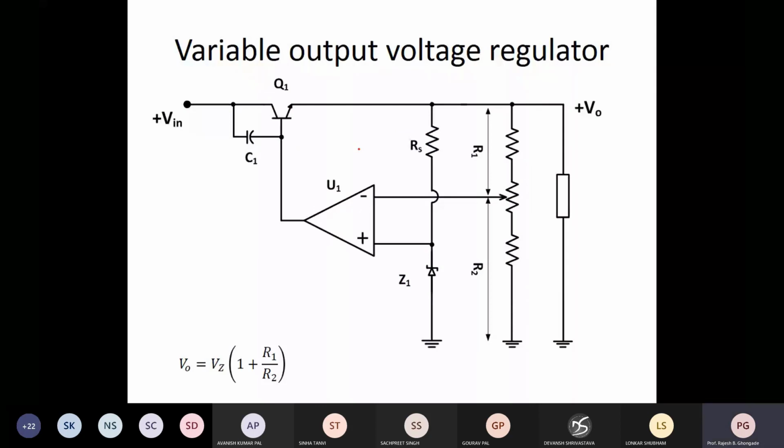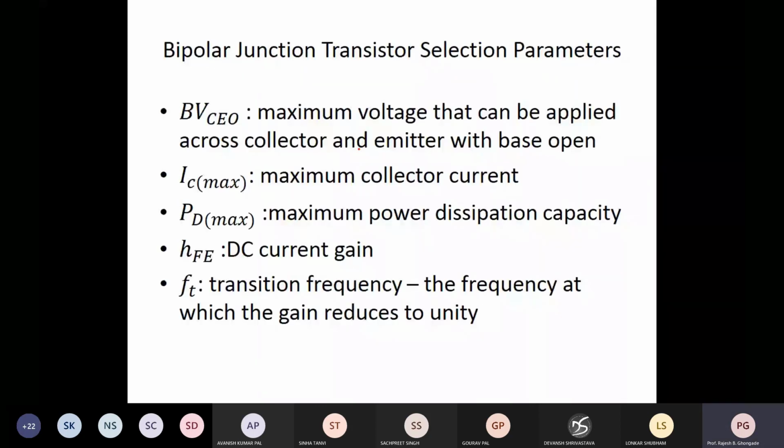Before we go into any more details, we have already seen this when we were introduced to the components. Let this be a sort of revision. What are the basic selection parameters of a bipolar junction transistor? The very first thing is the breakdown voltage BVCEO, that is the maximum voltage that you can apply across the collector and emitter with base open, and if you exceed this, there will be a breakdown.